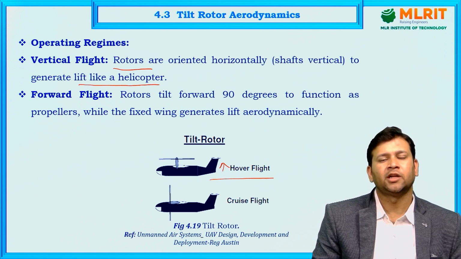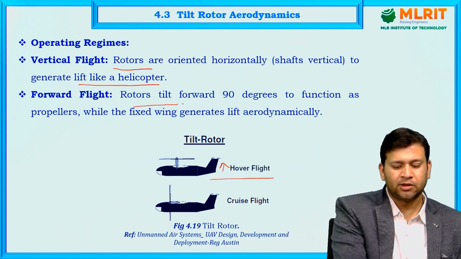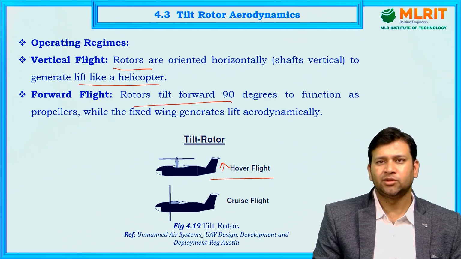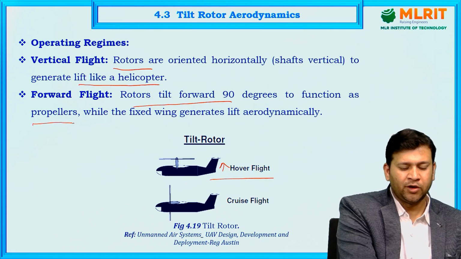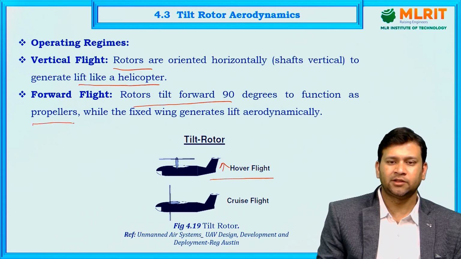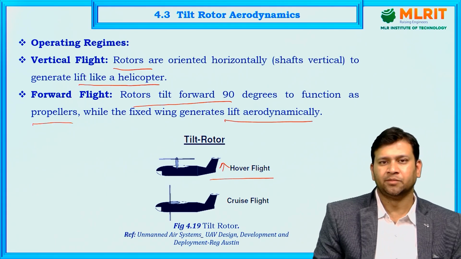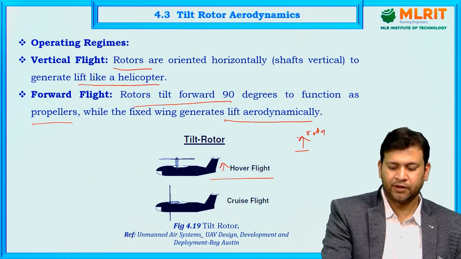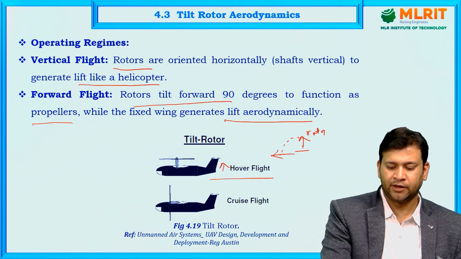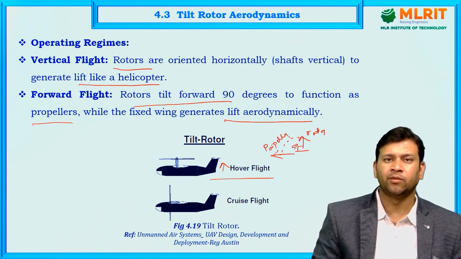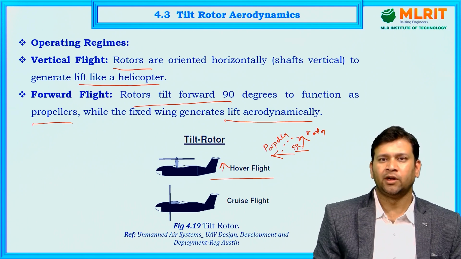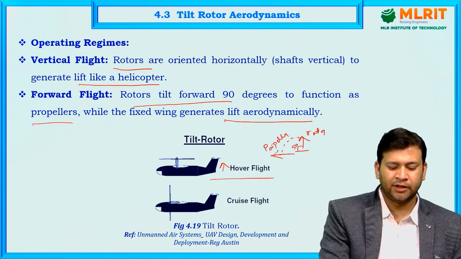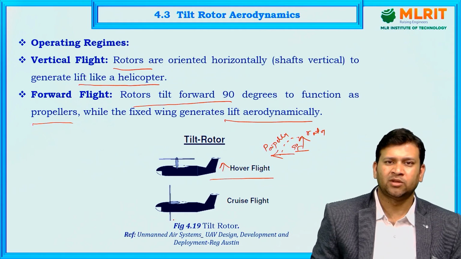And during cruise, that is forward flight, rotors tilt forward 90 degrees to function as propellers, while the fixed wing generates lift aerodynamically. Suppose this is the rotor in this case. When it is tilted down 90 degrees, then this is a propeller. The rotor becomes a propeller, and whatever lift is required will be generated by the wing on which these propellers are mounted.